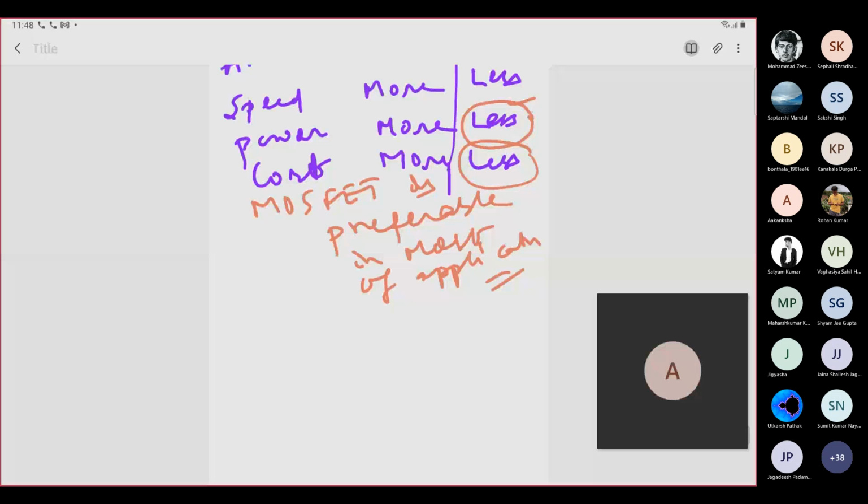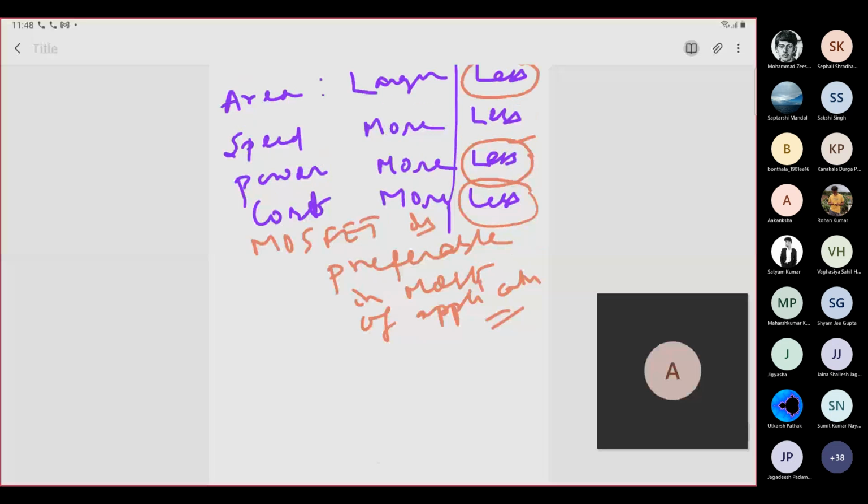So better we first complete the full custom design steps. Then we will come to more circuits and their characteristics, the MOSFET circuits. It could be an inverter, NAND, NOR, or whatever circuits you can realize, what their characteristics are, and how those characteristics will be used to study the performance of your overall circuit. Okay, that we will study.